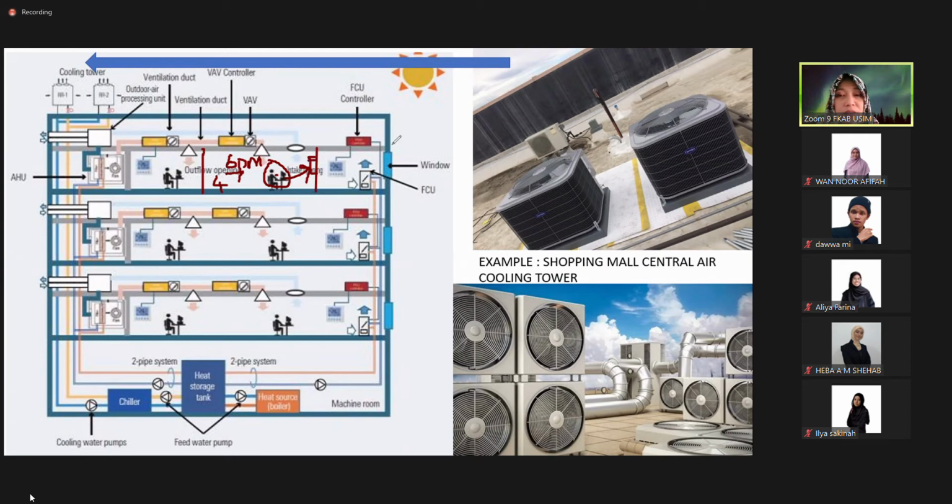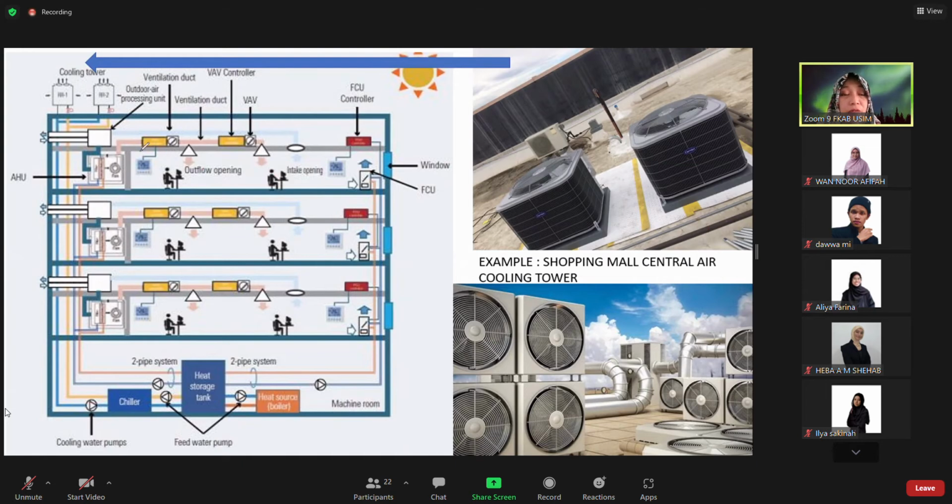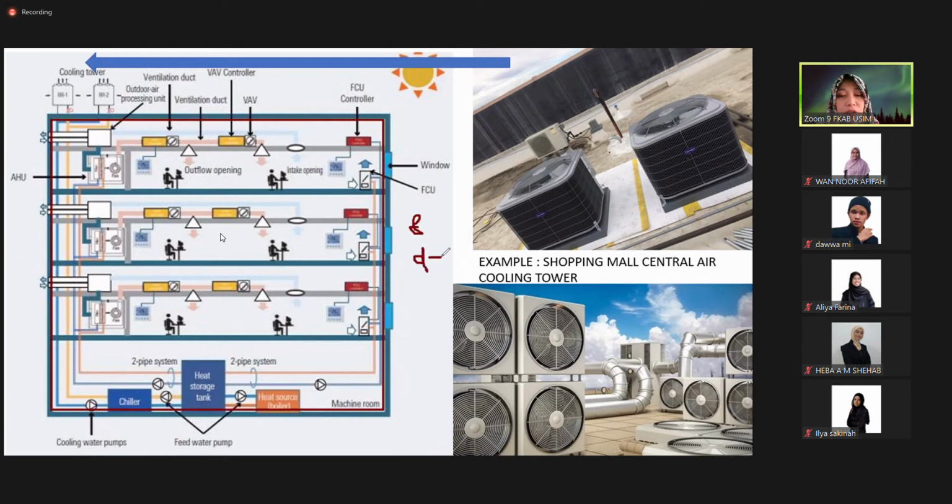But if it is open like this, normally offices use central air conditioning. This one is central. They control it within a period, let's say from 9 to 6, or 8 to 5.